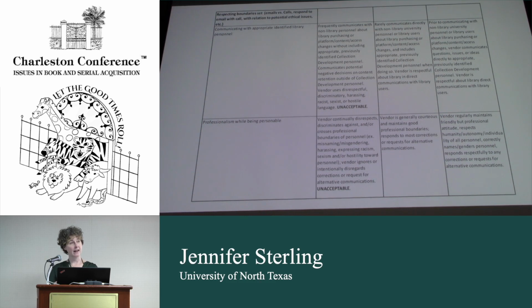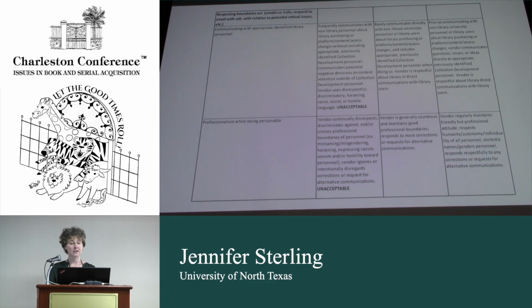So at the high end for that we can focus on, prior to communicating with non-library university personnel or library users about library purchasing or platform content, access changes, the vendor would communicate with appropriate previously identified collection development personnel, and the vendor would be respectful about library direct communications with library users.